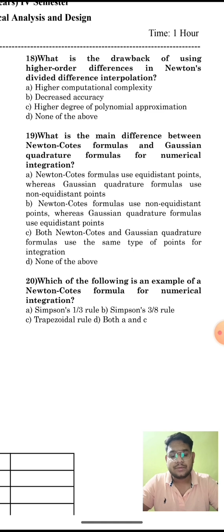Option C. Both Newton-Cotes and Gaussian quadrature formulas use the same type of points for integration. Option D. None of the above. The correct answer is option A. Newton-Cotes formulas use equidistant points, whereas Gaussian quadrature formulas use non-equidistant points.